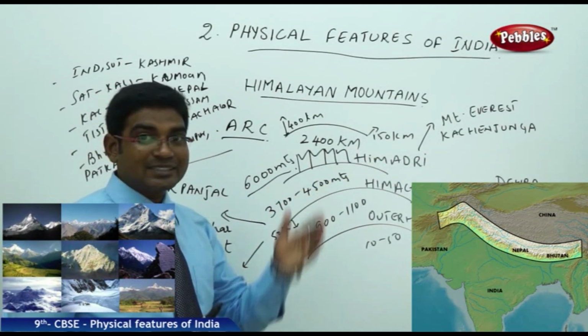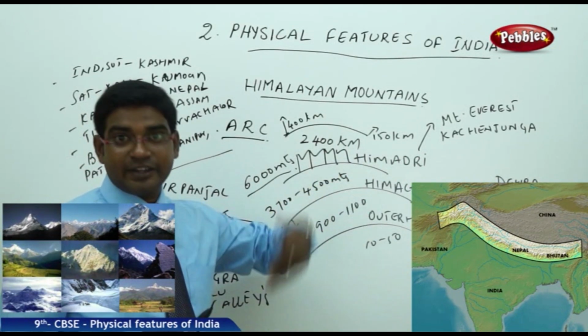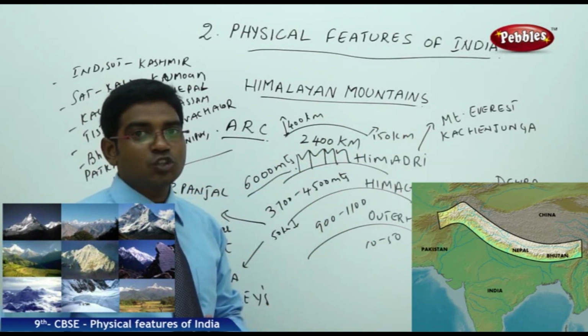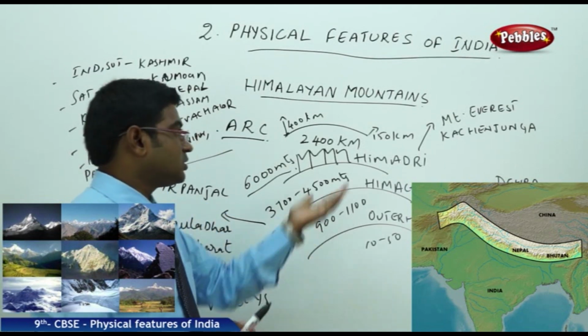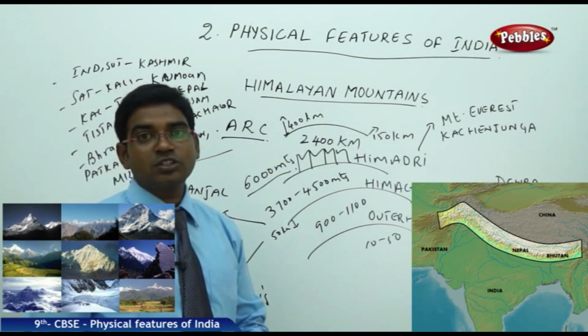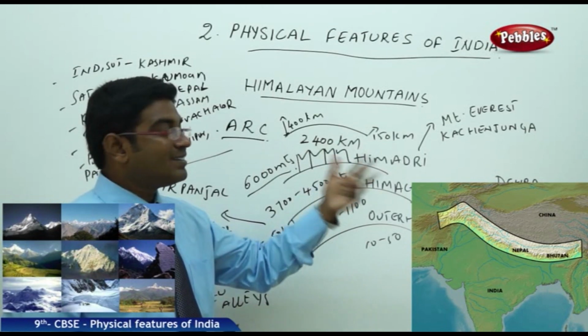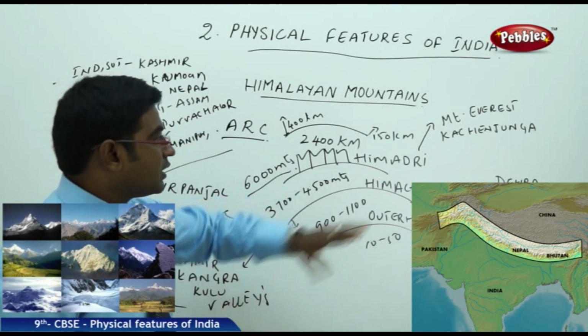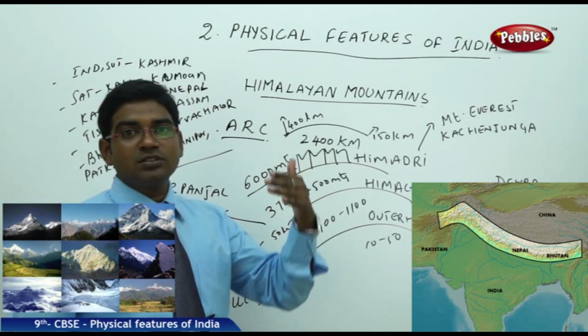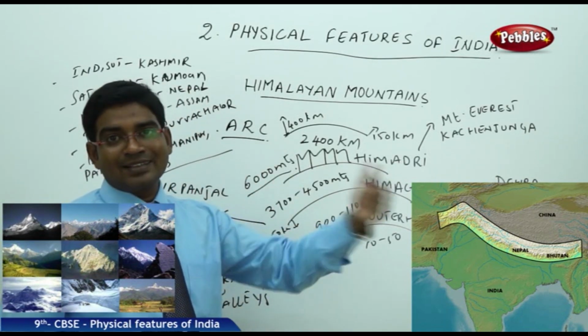So, we need to take the second mountain peak which is present on Indian land, that is Kanchenjunga or mountain K2, which is 8588 meters tall, India's tallest mountain and the world's second tallest mountain. And we also have here a continuous series of mountains which are connected like a chain.